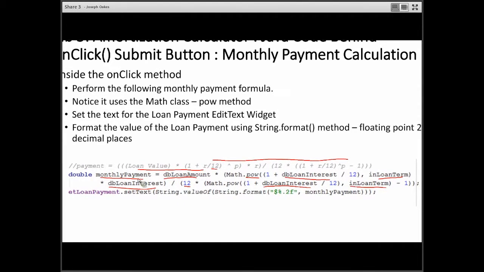Once we have the monthly payment, I'm putting it on the inside of the edit text field, loan payment. I use the set text method, and I do a little bit of string formatting. What I'm doing here formats it so that it's a dollar layout, and then it has 2 decimal places.